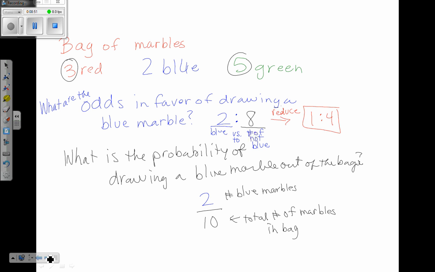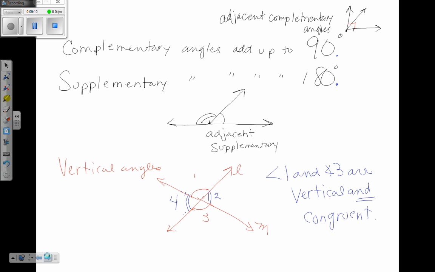So it's a different measurement or a different number mathematically when you do probability. Now we can reduce that fraction to 1/5. So the probability of drawing a blue marble is 1/5, while the odds in favor of drawing a blue marble are 1 to 4. I hope that helps clarify things.